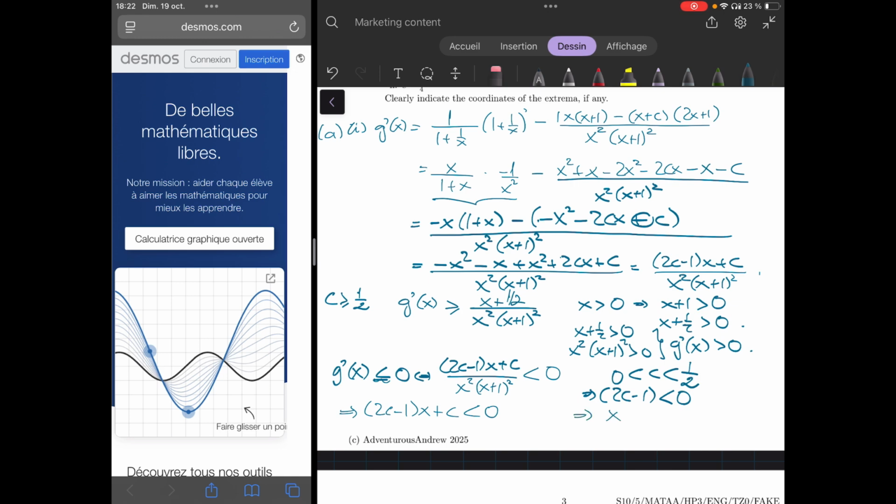This means that x has to be greater than negative c divided by 2c minus 1, because you're dividing both sides of an inequality by a negative value.